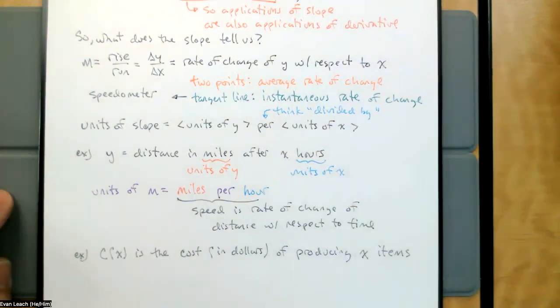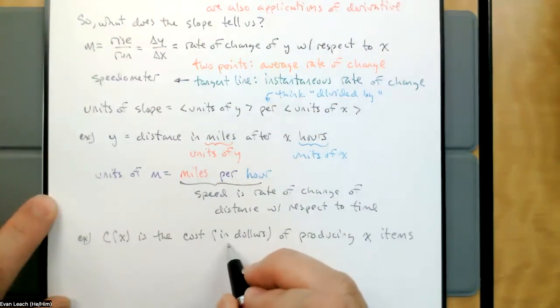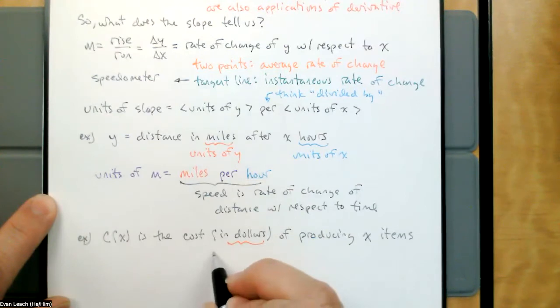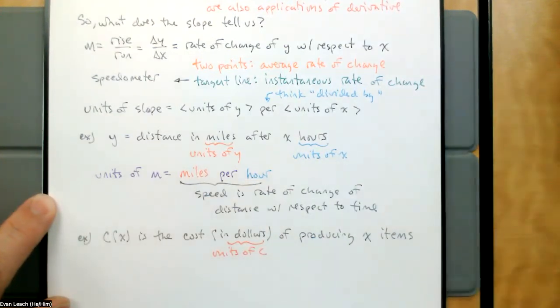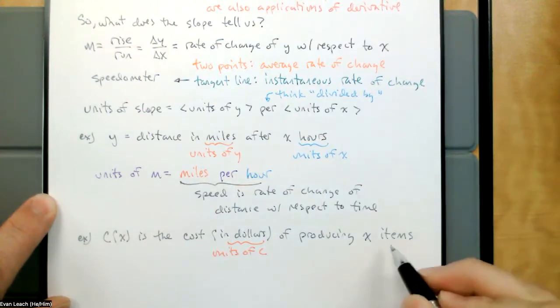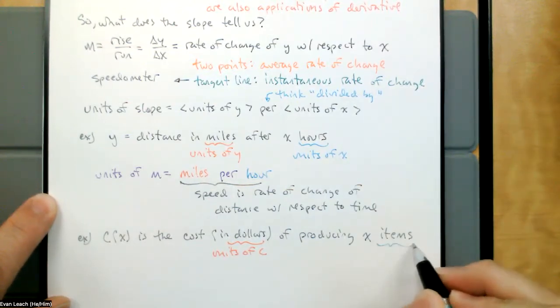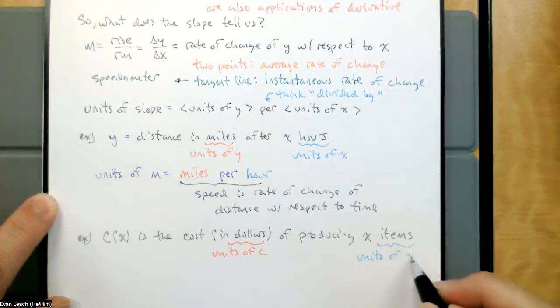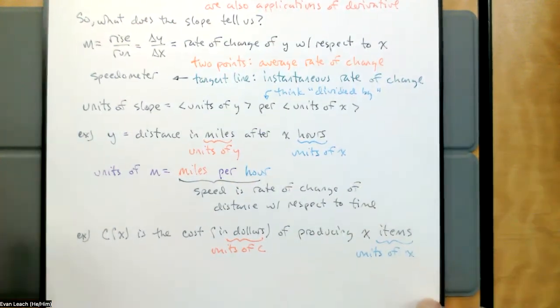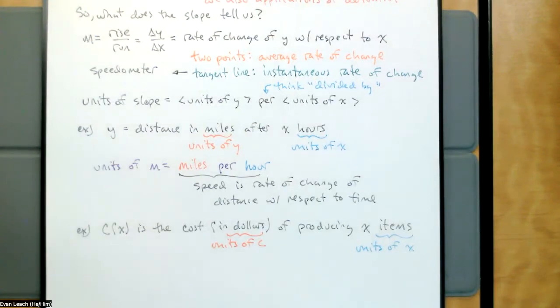So the units of output are the units of Y, which are going to be dollars, and the units of X is just number of items. So the units of the slope will be dollars per item.